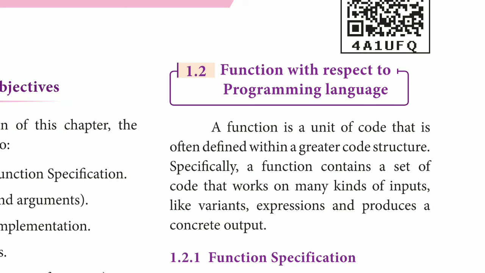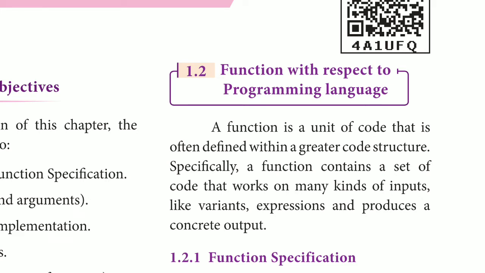As you know, a function is a small set of code. The function gets a small input from the user or from another part of the program, so small data is passed into the function.